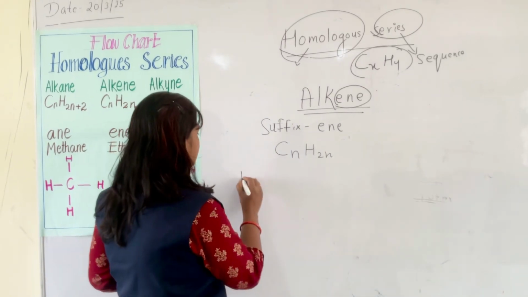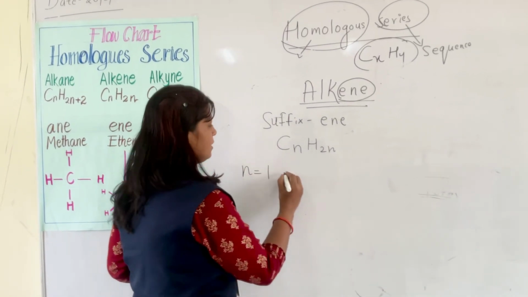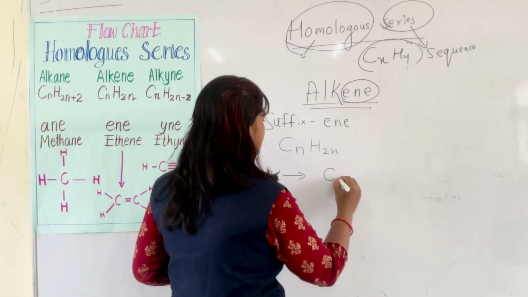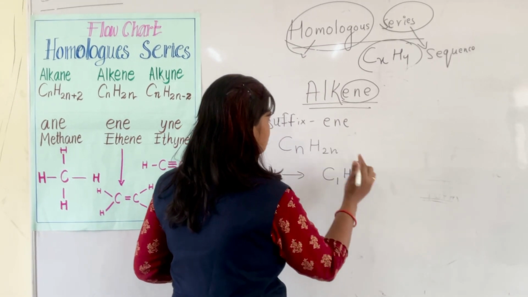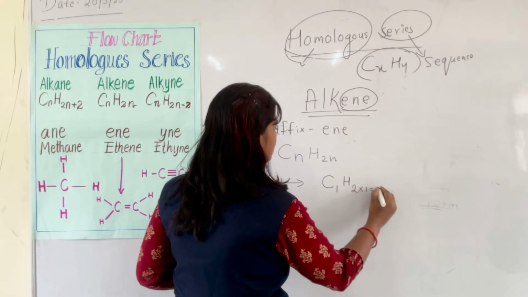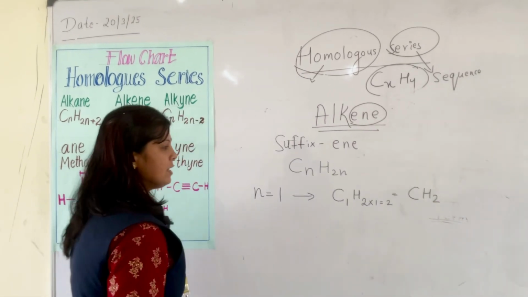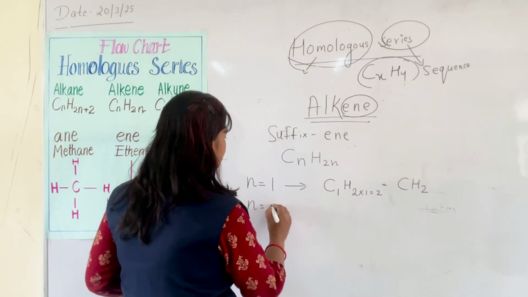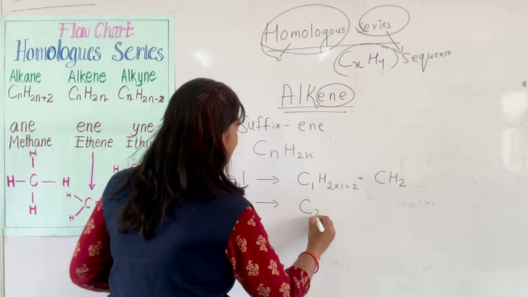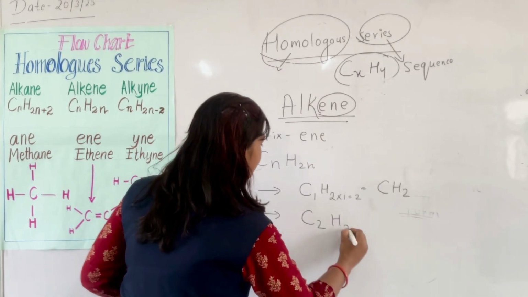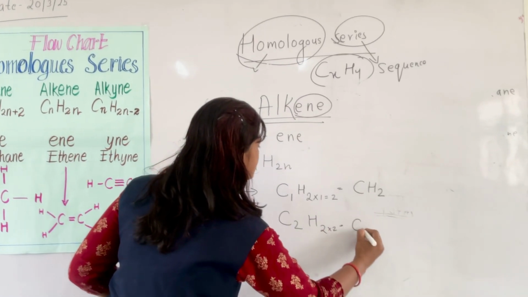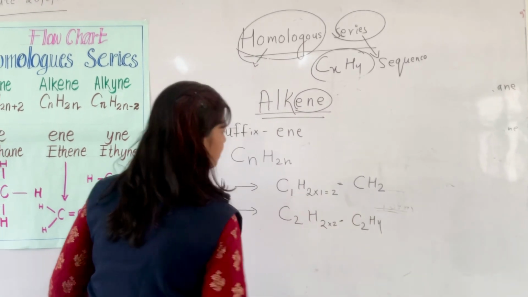Again, you substitute n equal to 1. You will get C1, H 2 into 1, that is equal to 2. It comes CH2. Now next, if you put n equal to 2, C2, H 2 into 2, that is equal to C2H4.